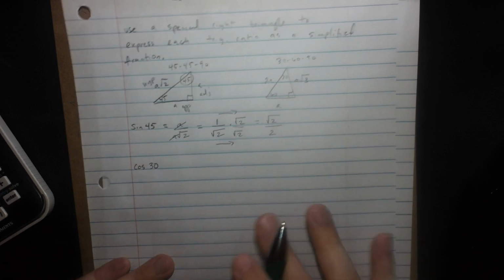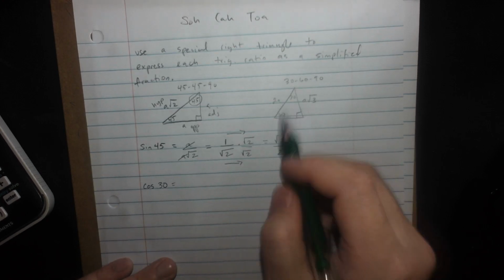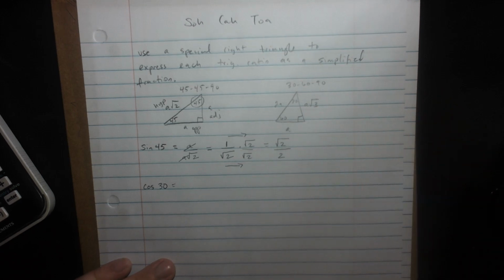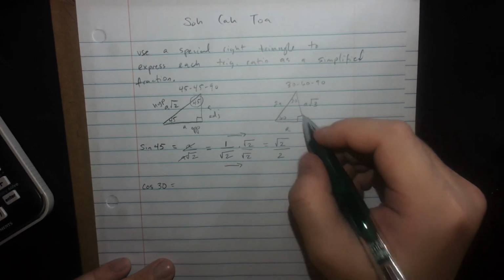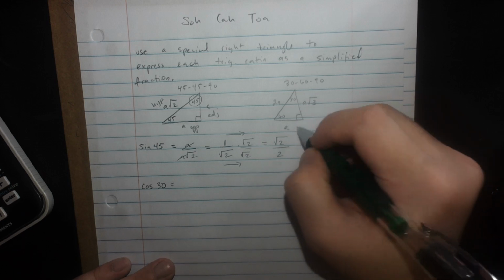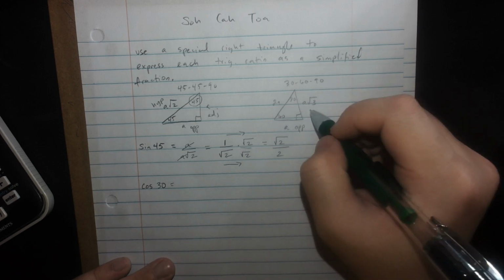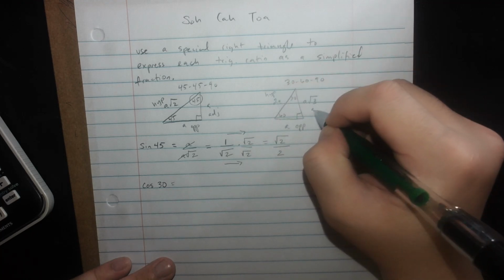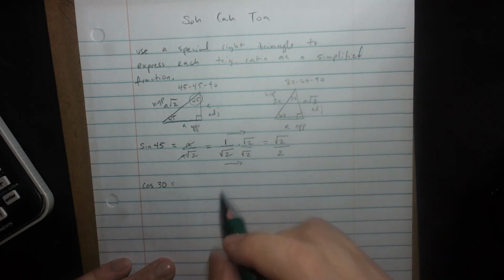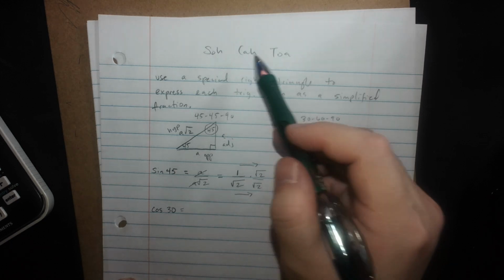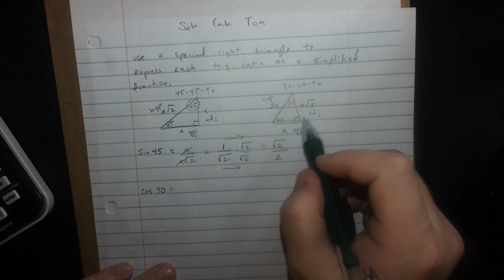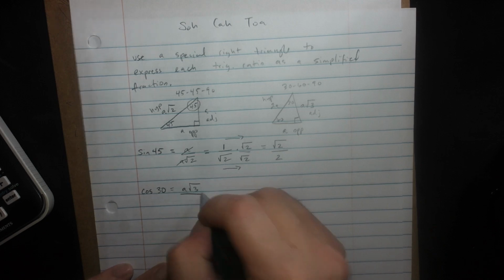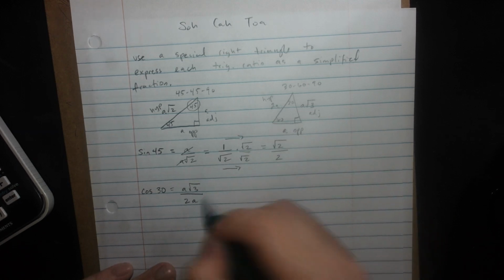So cosine of 30. This triangle has that 30-degree angle, so I can go ahead and label based on where the angle of reference is. This is the opposite side, this is the hypotenuse, and this is the adjacent side. So cosine of 30, C for cosine, adjacent over hypotenuse, right? Adjacent is a root 3, and the hypotenuse is 2a.